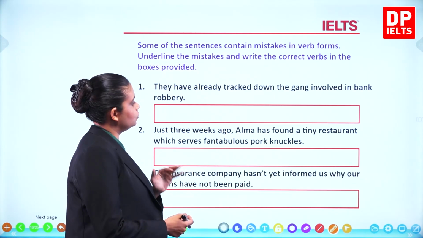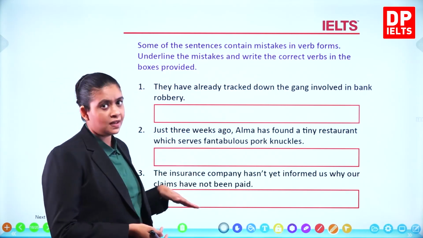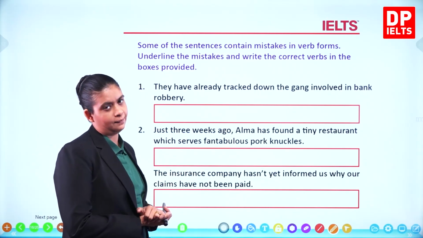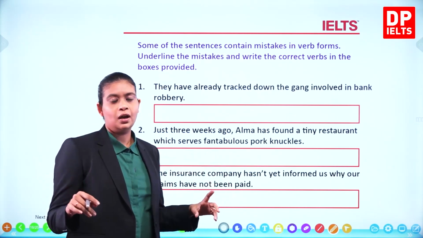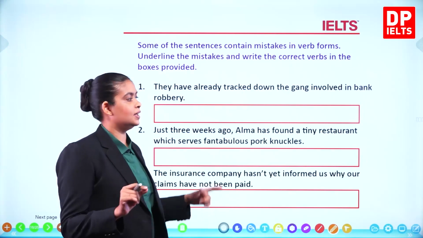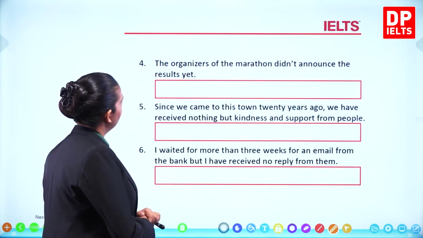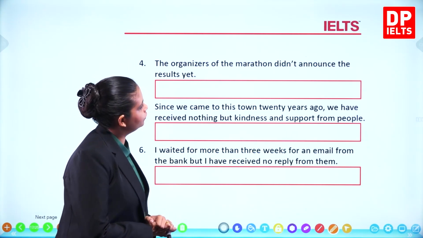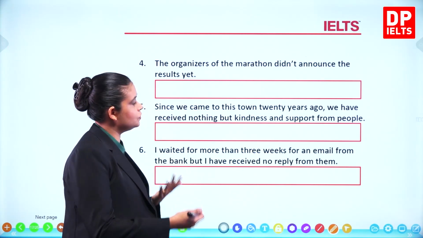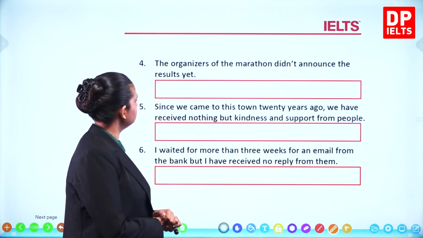So think about it, which ones are correct, which ones are incorrect, and if there's a mistake, underline it and just rewrite the verb only, right? So don't write the entire sentence, just write the incorrect verb only in the box. The organizers of the marathon didn't announce the results yet. So think about it. I taught you something. Is it correct or is it incorrect?